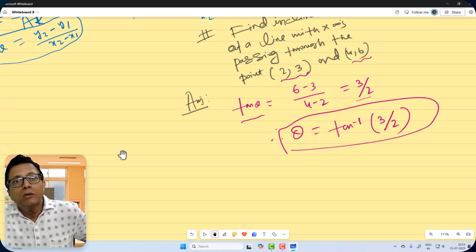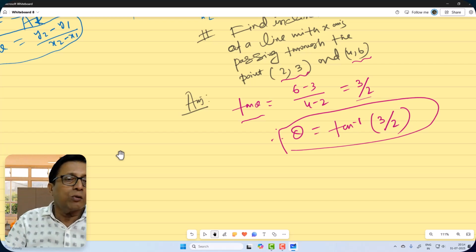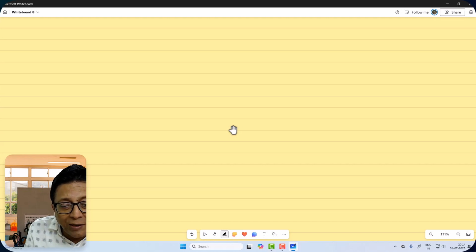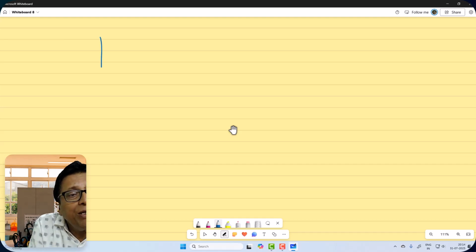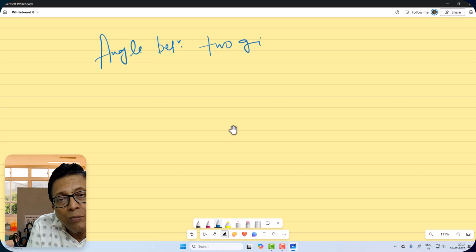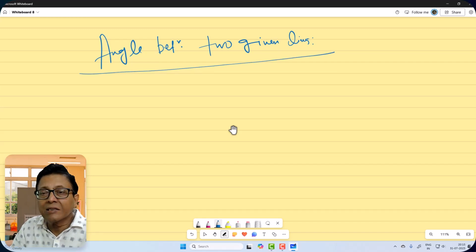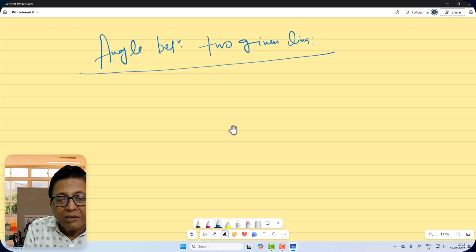Now, this concept will help you to get the angle between two lines. We are going to find the angle between two given lines. Two lines are given, we have to find the angle between them.